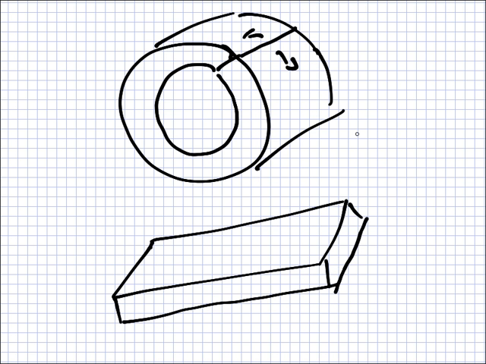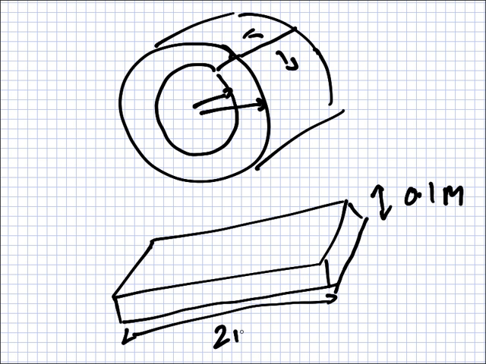So, how thick is this? Well, that should be 0.1 meters because of the difference between this radius and this radius. Now, how big is this? This is 2 pi r. And the top is supposed to be the same, but in real life it's not.